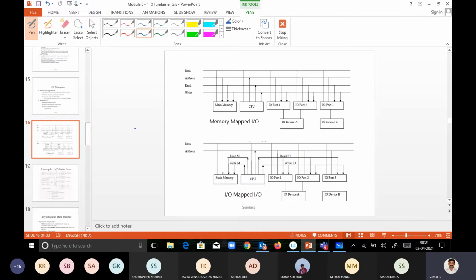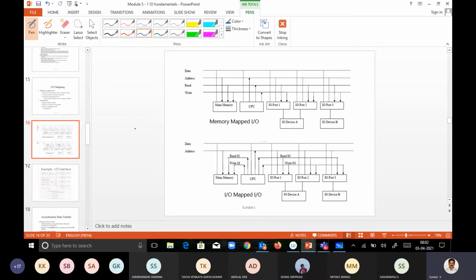And then we also discussed, as with memory, we need to assign some address to the IO devices, and the address must be unique. We should not repeat the address among the IO devices. So every device will have a unique address. In that case, we have two schemes to assign address to the IO devices.